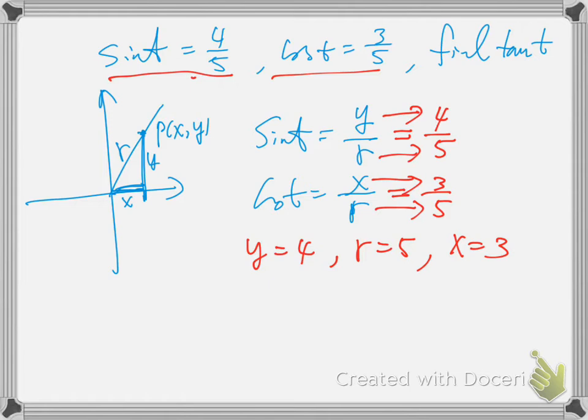So we got the information here: y is 4, x is 3, r is 5. What's the definition of tangent t? Tangent is opposite over adjacent, so this is 4 over 3. Flip them, and you get all trig functions.